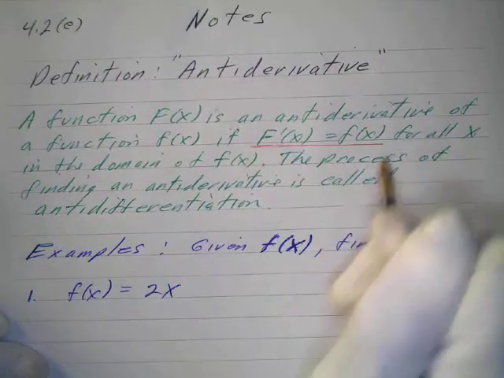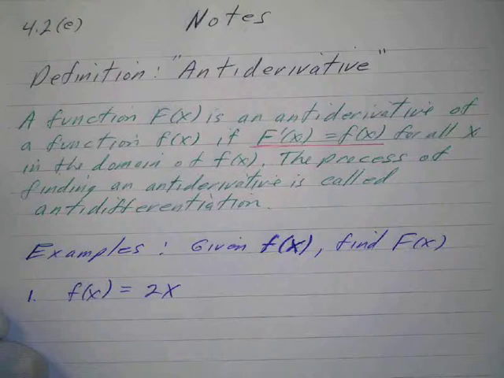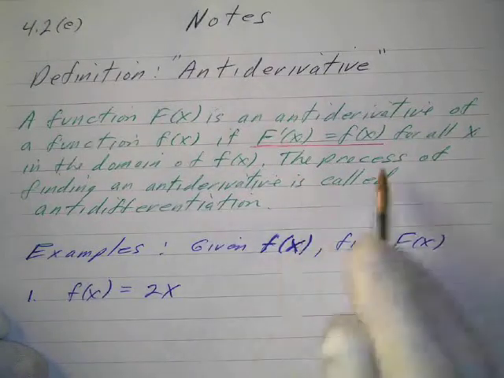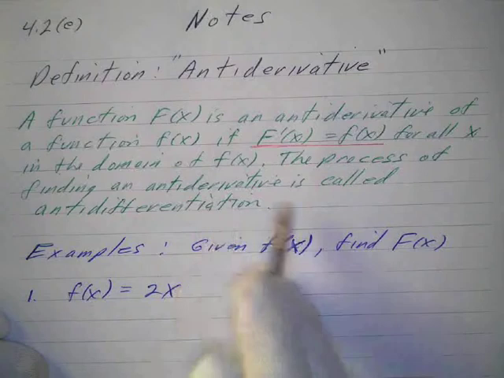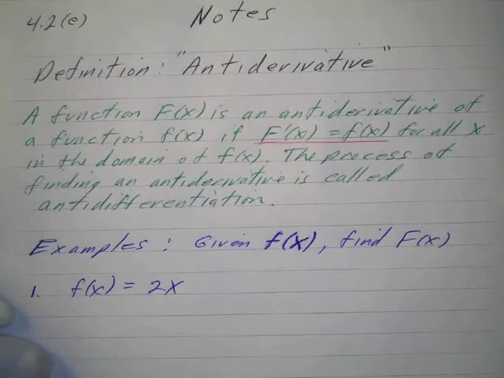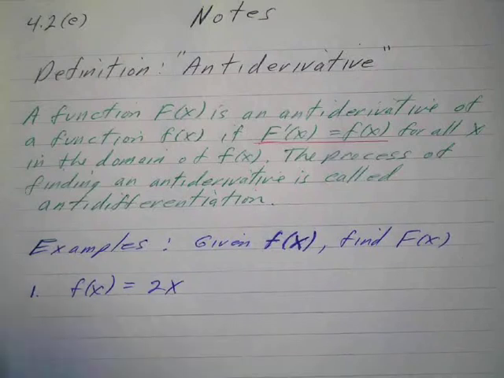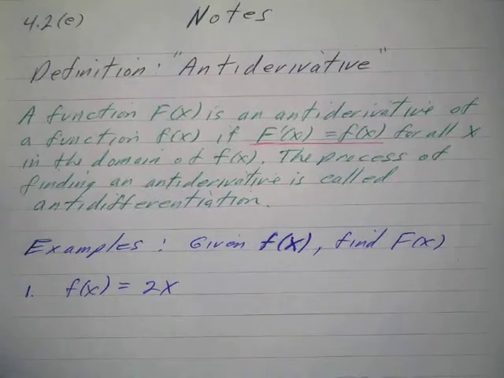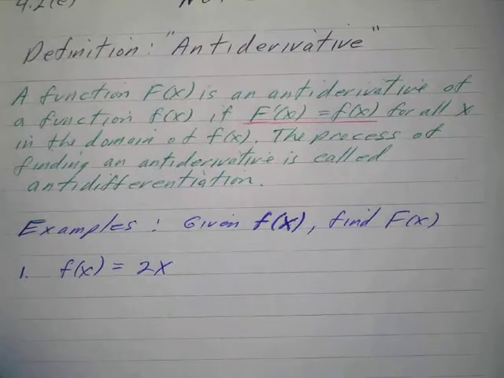That's the easiest way to check to make sure your notation is straight. The process of finding an antiderivative is called antidifferentiation. Once you see some examples, you'll get the idea. The notation can be confusing, so we just have to watch out for that.